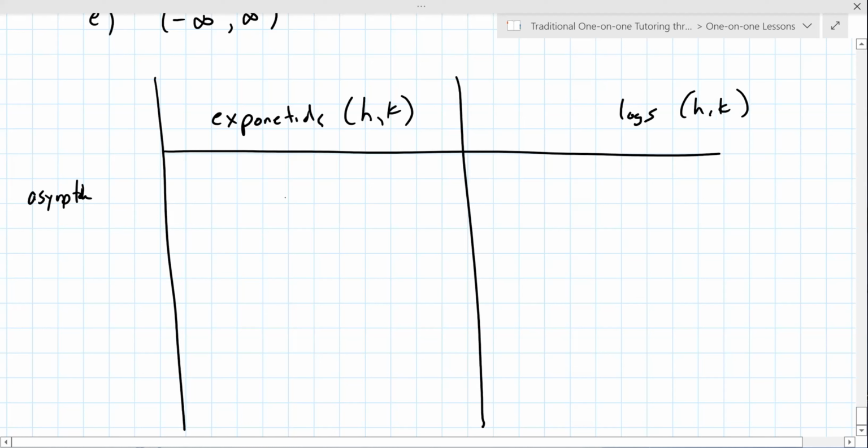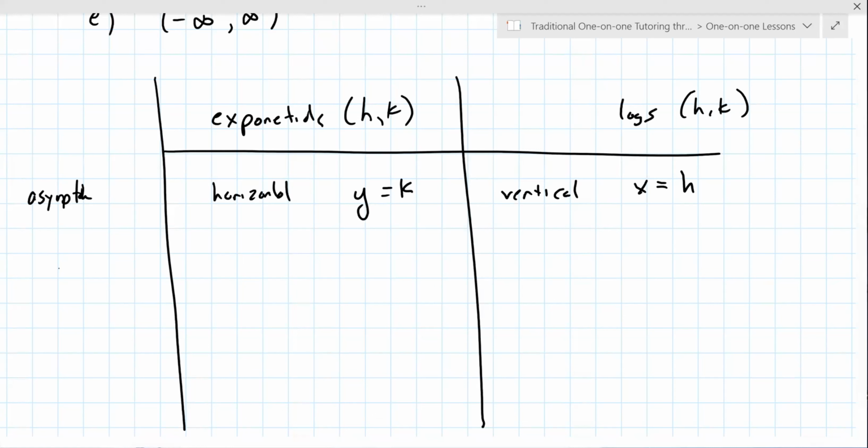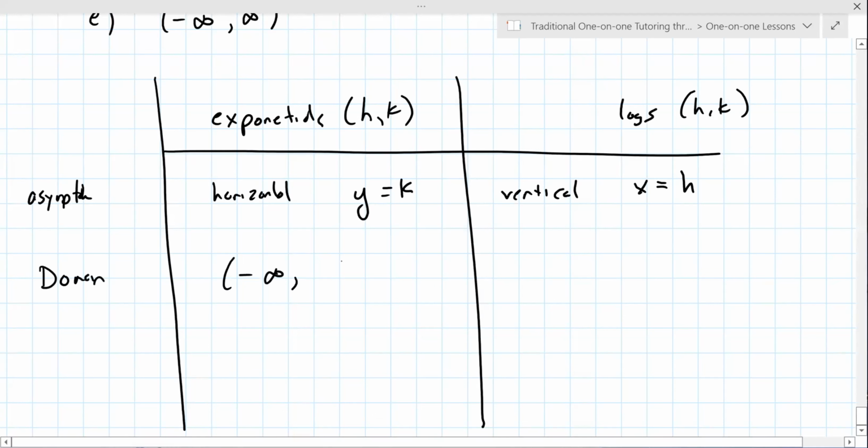In the exponential, the asymptote is always horizontal, and it's always y equals k. For the log, it's always vertical, and it's x equals h. The domain for an exponential is always minus infinity to infinity. The range for a logarithm is always minus infinity to infinity.